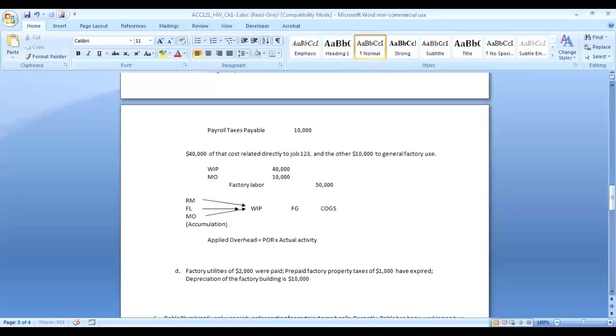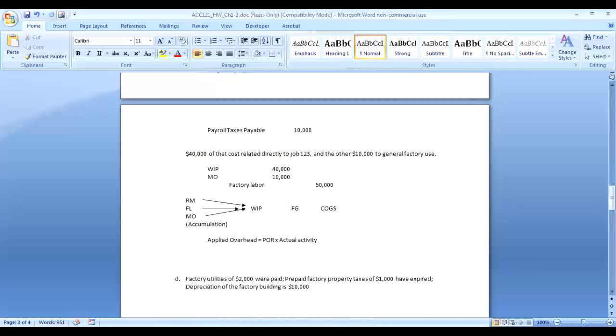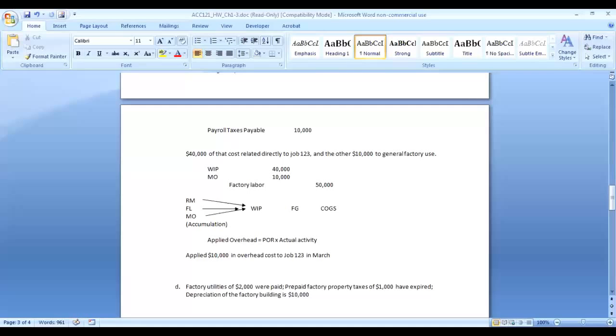So if I said, for example, show me the journal entry for applying 10,000 in overhead cost to job 123 in March. What would that journal entry look like on March 31st? Applied 10,000 in overhead cost to job 123.